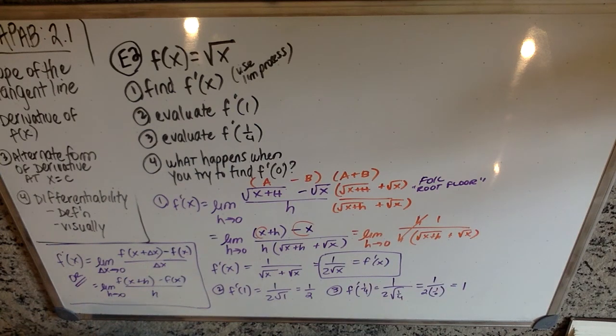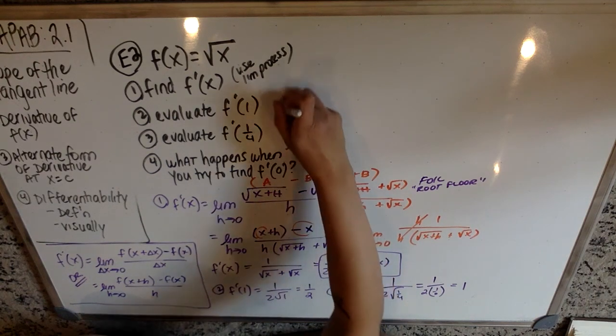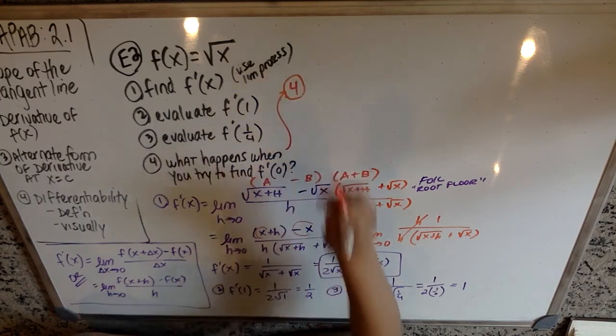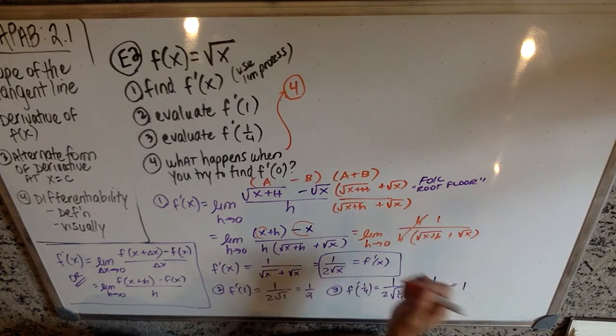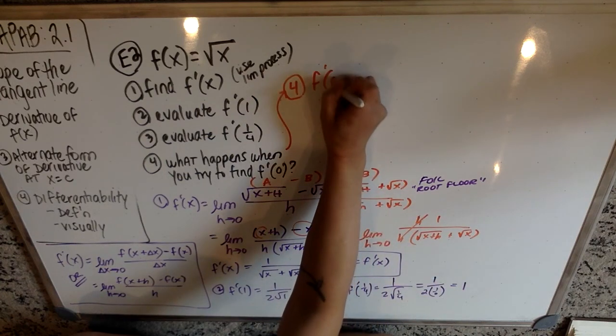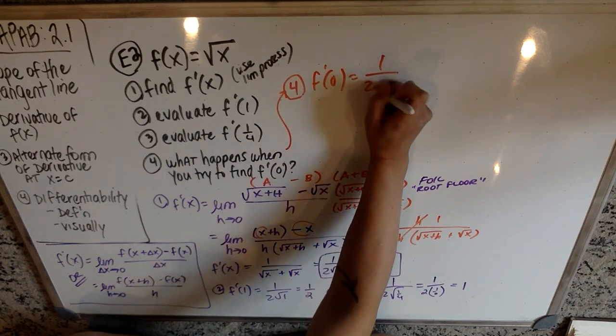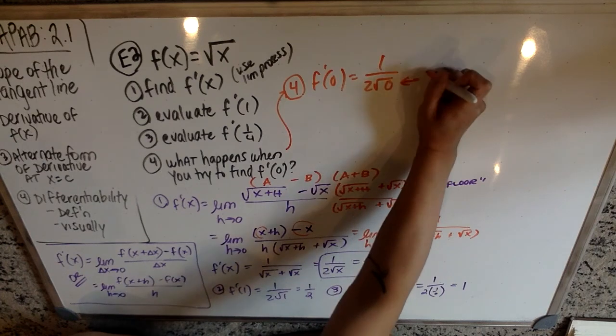And now, the last thing I asked is what happens when you try to evaluate f prime of 0. So let's look at number 4 here for a sec, and then we're going to take a visual look at the square root of x graph and see what's happening and why. So f prime of 0 would be 1 over 2 root 0, but that's not okay.